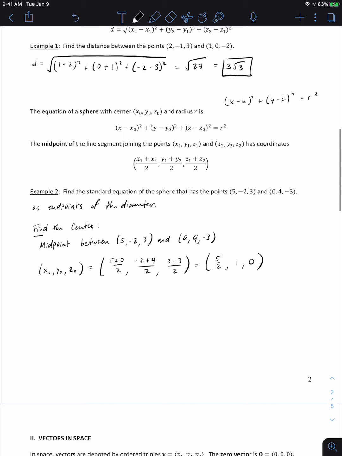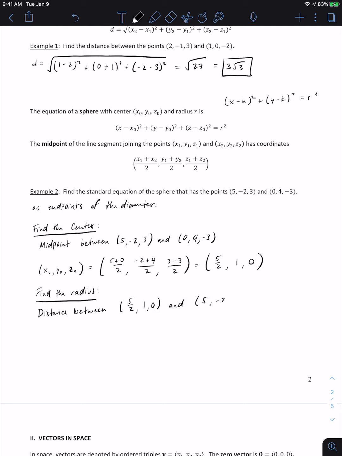So that's my center. And then the other thing I need to write the equation of a sphere is the radius, right? And remember the radius is the distance from the center to one of the edges. So I can take the distance from this guy to either one of these points, right? So if I wanted to find the radius, then what would I do? I do that by finding the distance between my center, which we found to be 5 halves, 1, 0, and either of the 2 points.